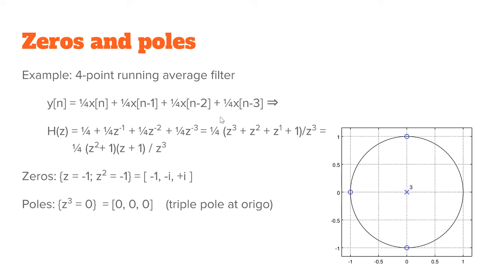The highest power is z cubed, and you get a triple pole at the origin. So there are always three roots for a third order polynomial. Remember, we are now on the complex plane. On the real axis there would be only one root here, but this is really just a complex number.